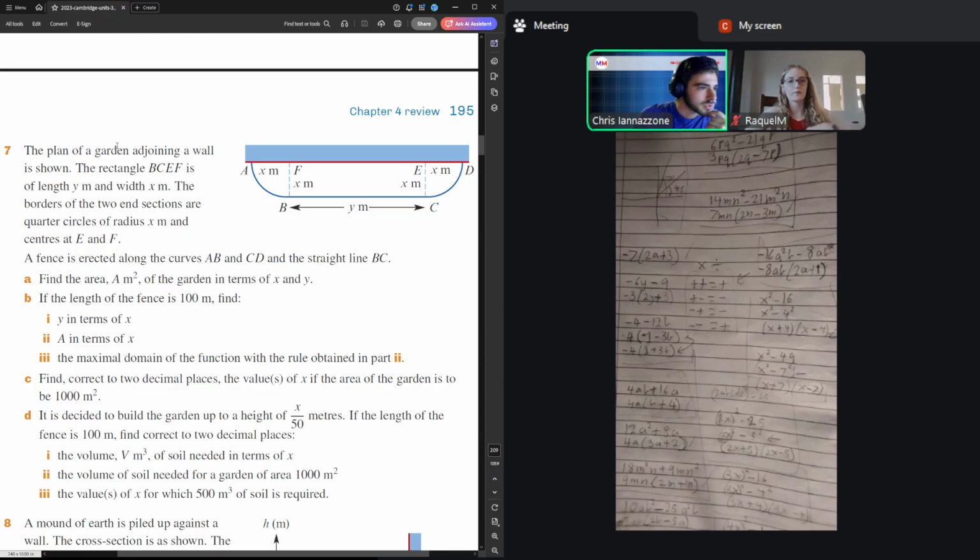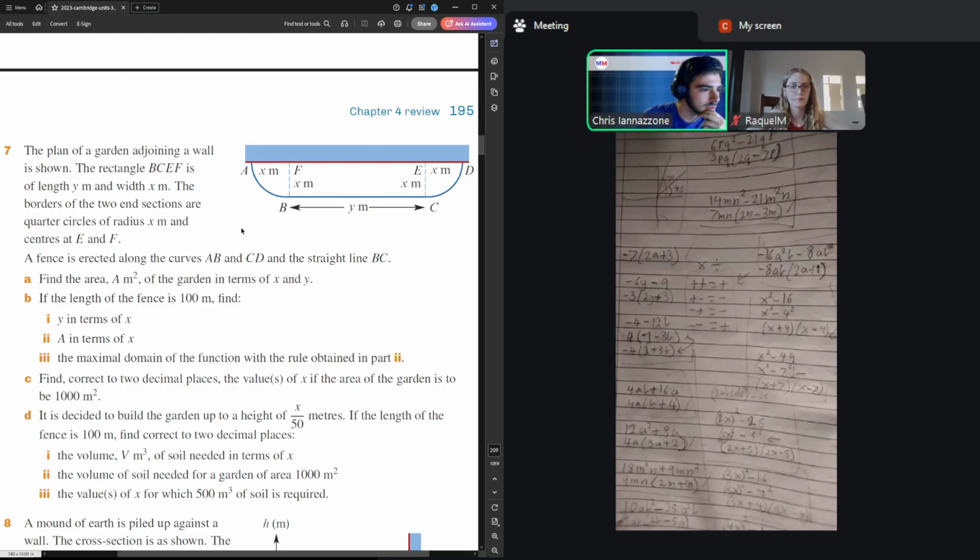This is a new fun shape. What have we got here? A garden, rectangle, length y, width is x, and then you've got some quarter circles on either side. Find the area of the garden, which is a garden adjoining a wall. So the blue thing here is probably the wall.